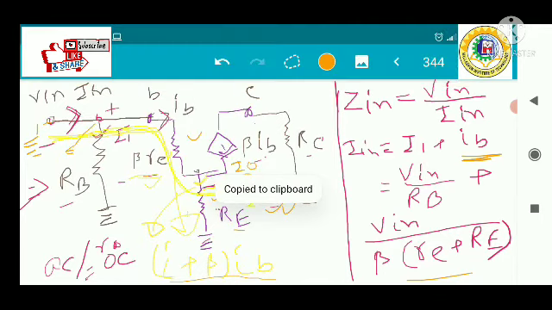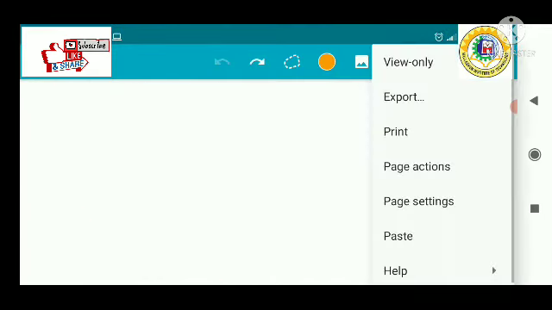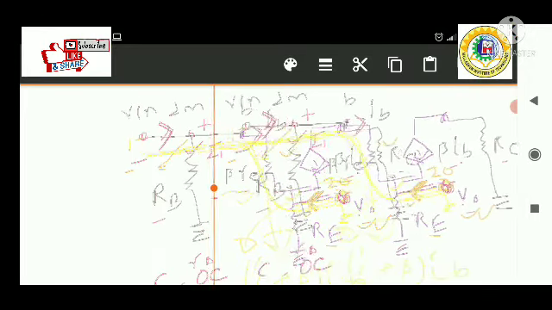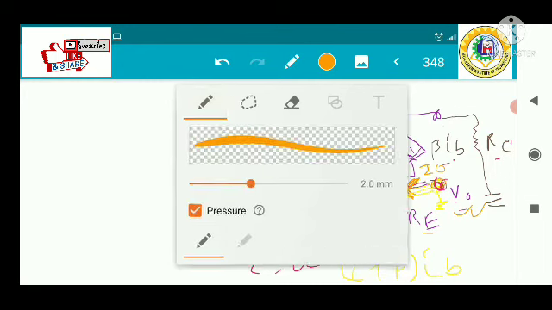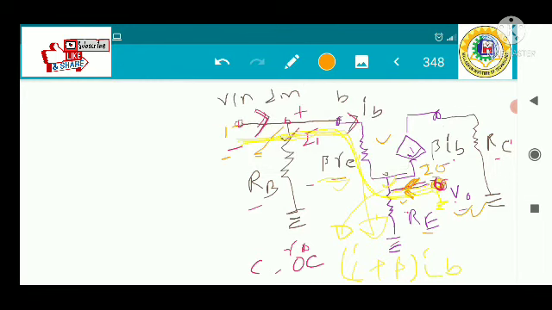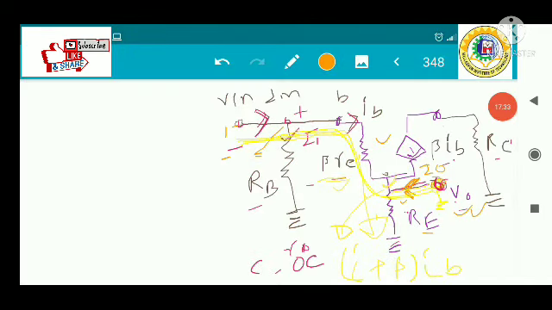Copy. Okay, for the calculation of the gain, we are just applying a KVL, the same KVL like this, same KVL like this.